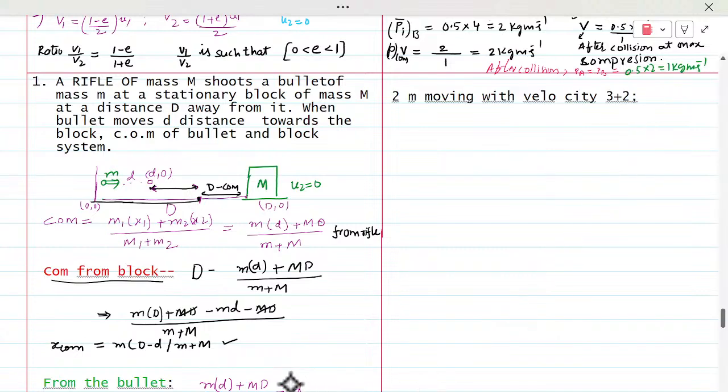It is not coming, so we have to go to 3i cap plus 2j cap.